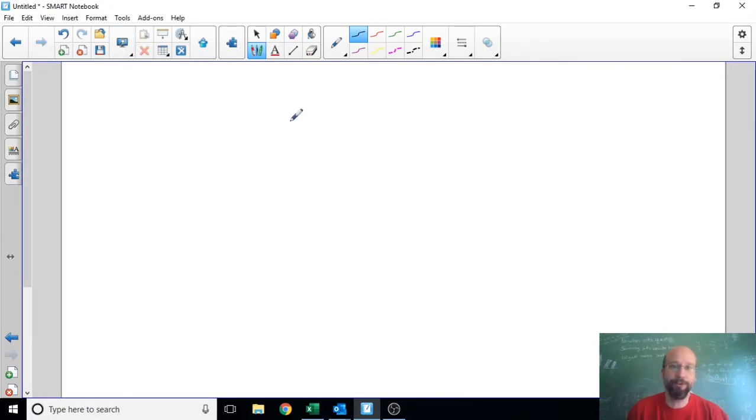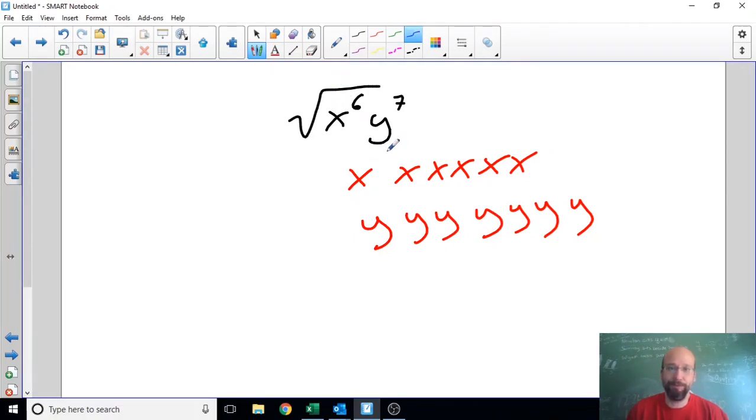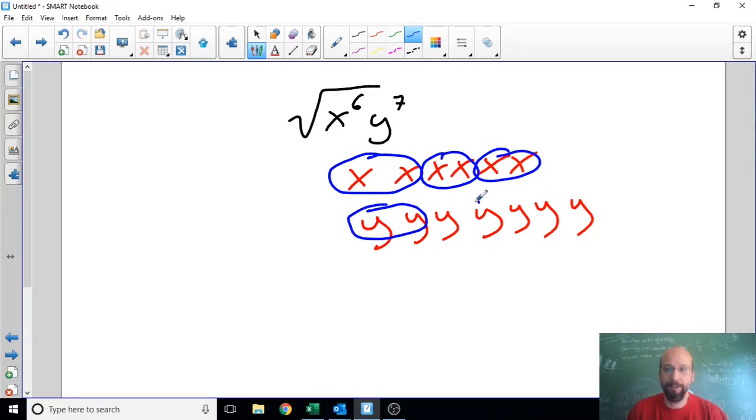You can do it with more variables too. If I have x to the 6th and y to the 7th, I can still do the same thing. X to the 6th is x times x times x times x times x times x, right? 6 x's. And then I have 7 y's. And then I'm going to circle my groups of 2. There's 2 x's, there's 2 more x's, there's 2 more. I have these 2 y's, these 2 y's, and these 2 y's.